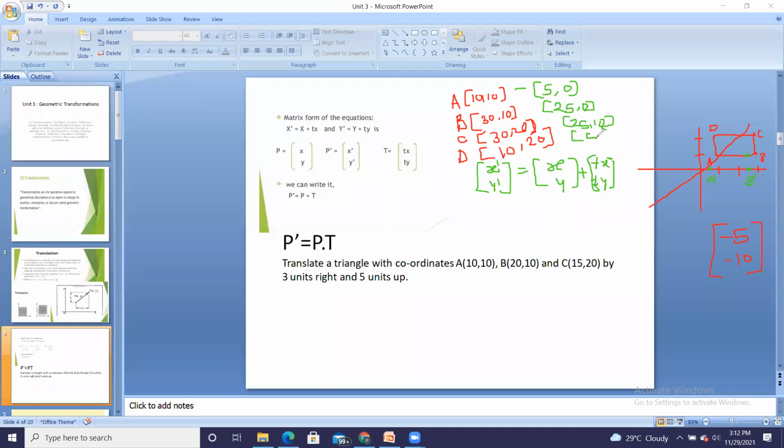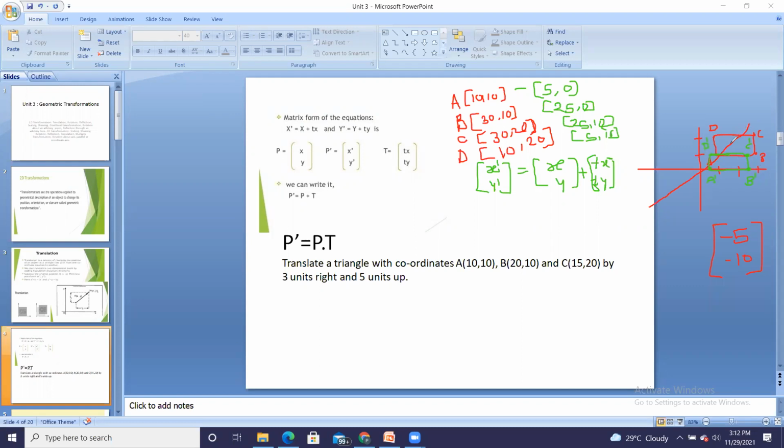Right. So 5, comma 10 is my D dash. So this is your C dash, and 5 and 10 will be your D dash. So this is my resultant rectangle.